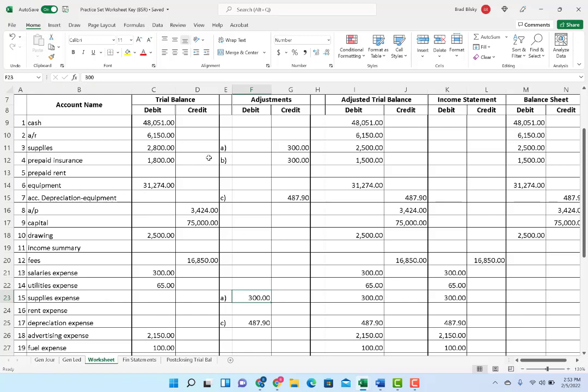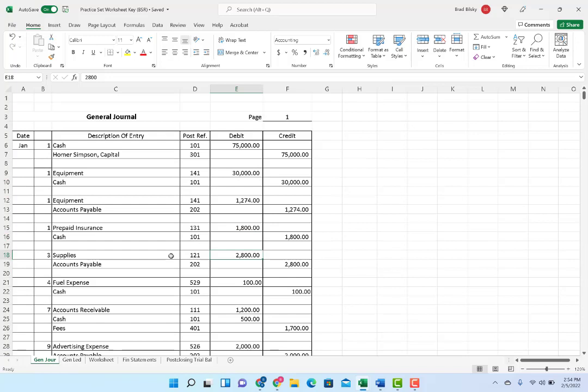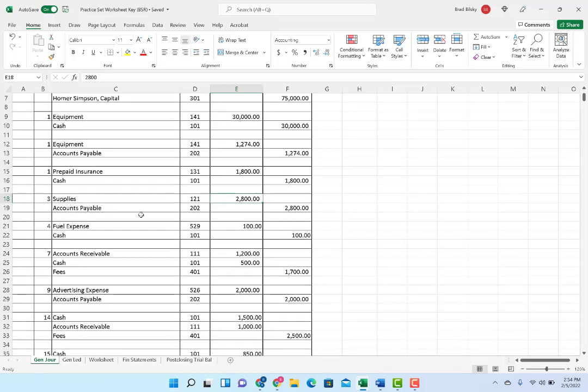So likewise with prepaid insurance, remember, we paid for 6 months worth of insurance in advance. If we look at our original entries, we have that here, the first day of the month. We sent out a check to our insurance company for $1,800. Maybe we're paying for insurance on this truck for 6 months in advance. So we're going to use that insurance coverage over 6 months.